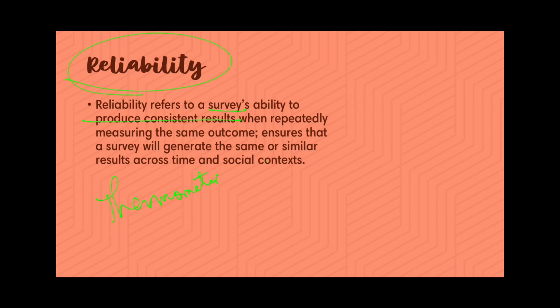And then you have, although it's already phased out, a mercurial thermometer. And then you have a digital thermometer that you put in your body. And then you have an infrared, the one that measures you when you enter the mall. So that's an example of an infrared thermometer, right?